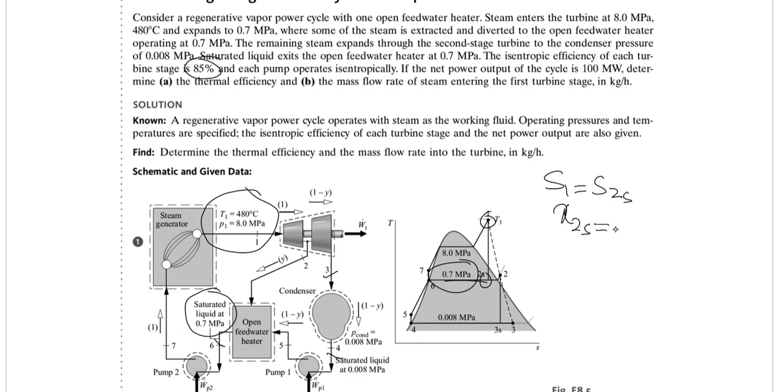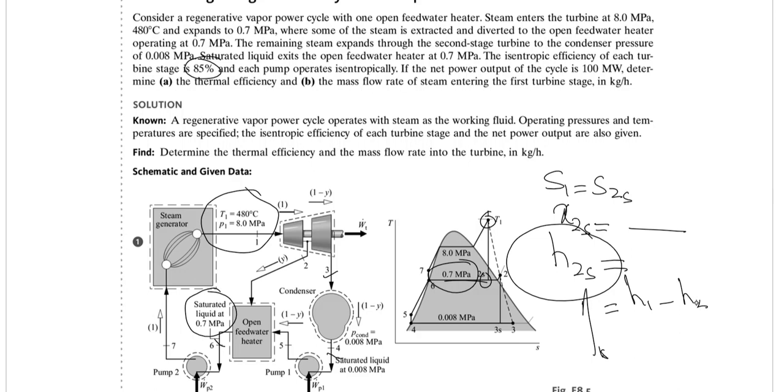Once we have S2s, we can find the enthalpy H2s. Then we can use the formula: isentropic efficiency is equal to H1 minus H2 divided by H1 minus H2s.